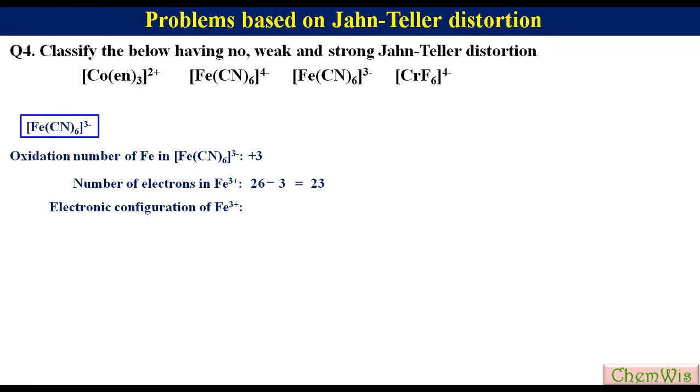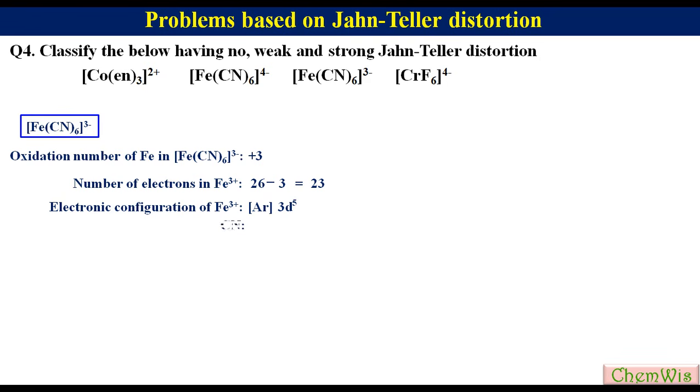To find the electronic configuration of Fe3+, write Ar 3d. Ar has 18 electrons, so the remaining electrons that will enter the d orbitals will be 23 minus 18, equal to 5. So this is an example of a d5 complex.